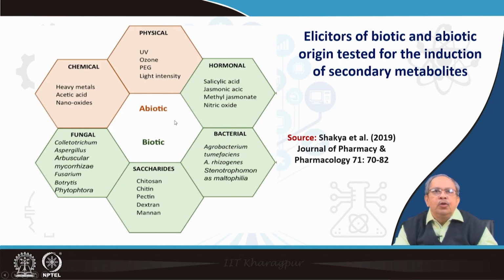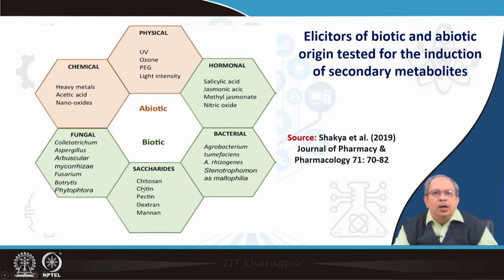Now, here I will show you the list of elicitors used, abiotic and biotic. Abiotic ones include chemical elicitors like heavy metals, nano oxides and acetic acid; physical ones like UV, ozone, PEG and light intensity; and hormonal ones like salicylic acid, jasmonate, methyl jasmonate and nitric oxide. These are well-proven elicitors. The biotic elicitors include the mycelial extracts of several fungi listed here.